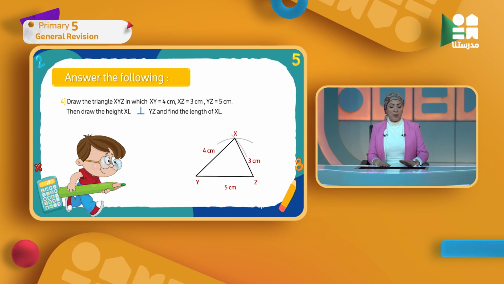I get my set square, put it on the ruler, and I slide it to the right-hand side till it meets X on its right side. Then I drop my altitude perpendicular on YZ. When you measure it using your ruler, you will find that XL is 2.5 centimeters.